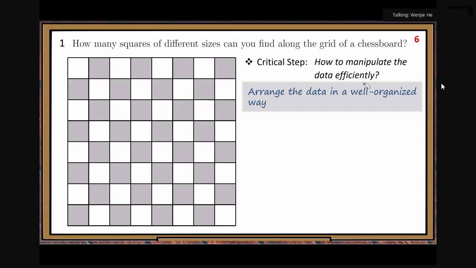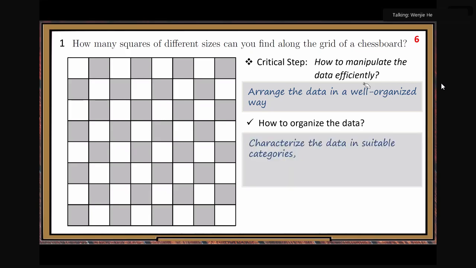When you do the counting, some squares are in this category, some squares in other categories. Then it's hard to keep track of your data. So here we need to use good categories to organize the data, characterizing the data in suitable categories.